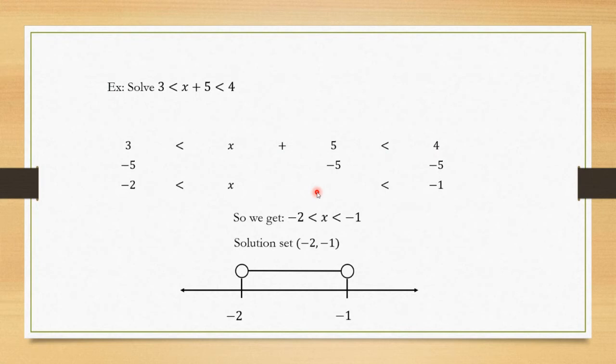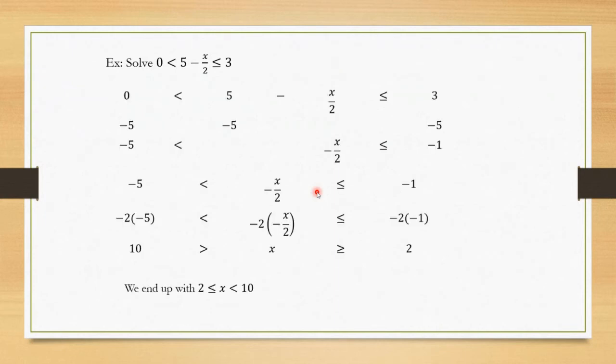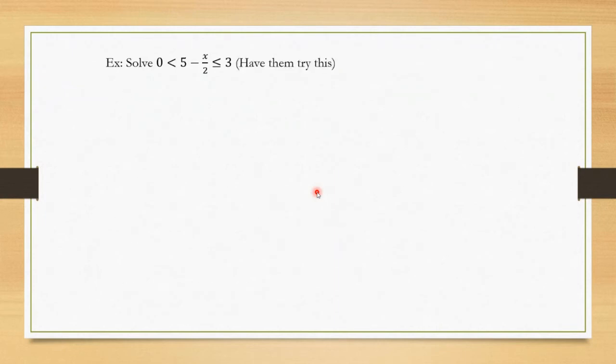Okay, let's do another one. I was going to have you guys try this, but for the other class, I skipped over having them try it. Not to say they couldn't do it, but I was worried about time. So let's do it together, okay? All right. So here we want to solve this inequality.